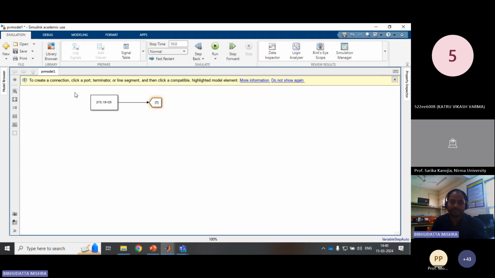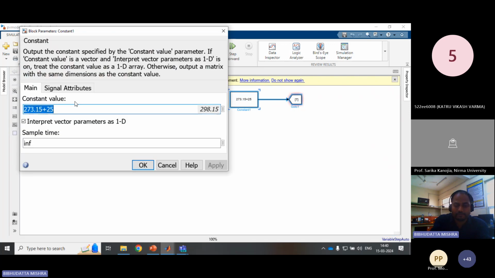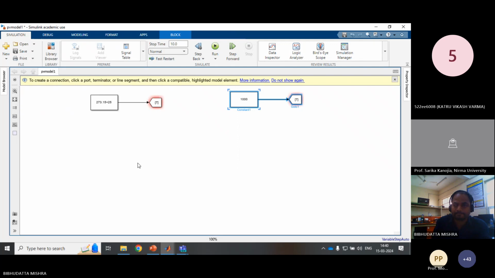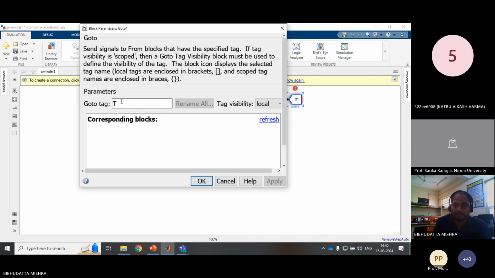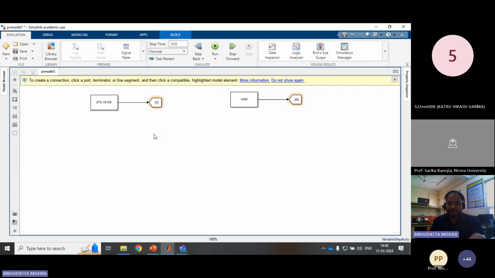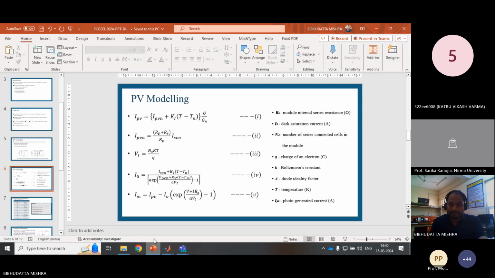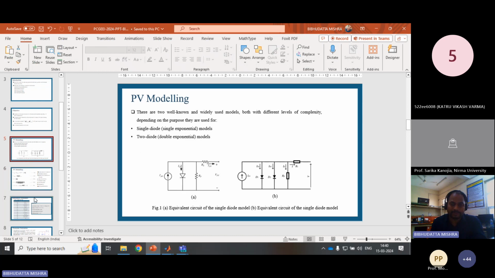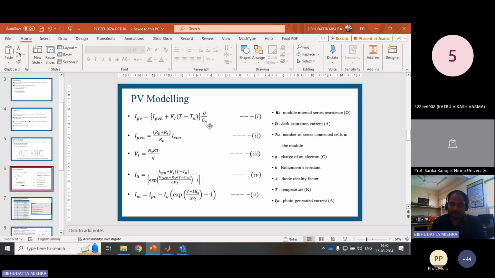In a similar way, for irradiance, as you know, the standard irradiance value is 1000 watt per meter square. I am assigning this value to 1000, and the variable name being capital G. For PV modeling, we'll follow all these equations.